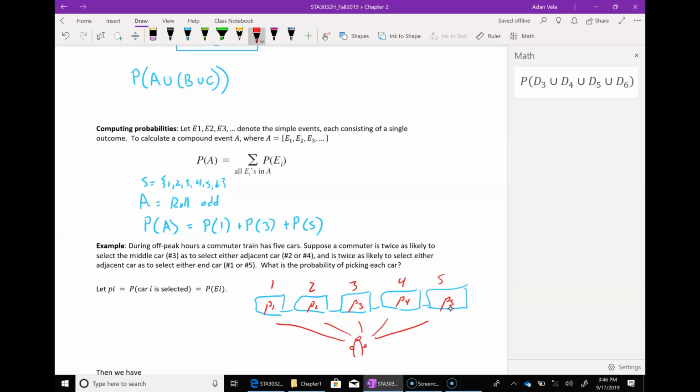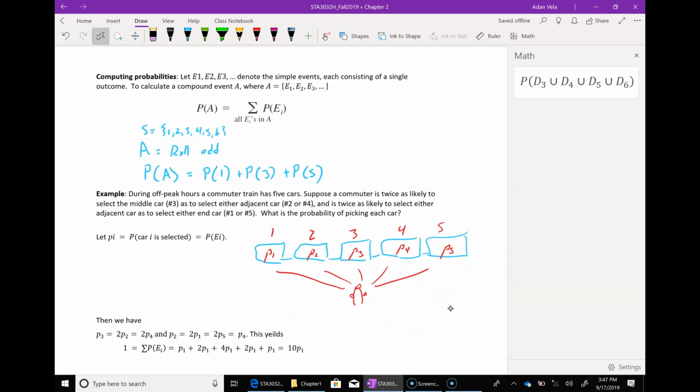Okay, so P1 is the probability that the commuter gets onto train 1. P2 is the probability that the commuter gets onto train 2. P3 corresponds to getting onto train 3. Now we can be a little bit more specific and define each of the events. So E_I is commuter selects car I. Okay, so then what we're really talking about is P_I is just the probability of that particular event occurring.